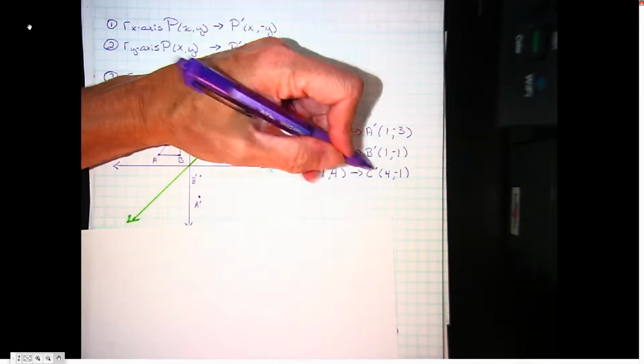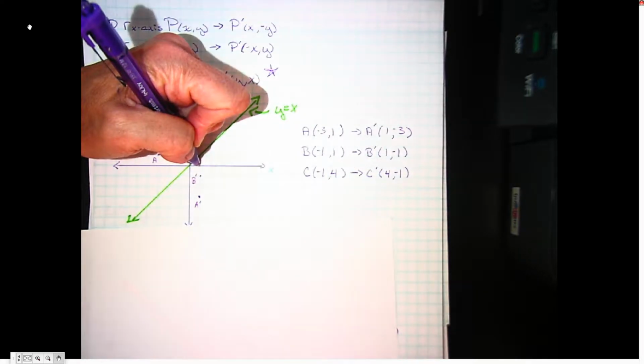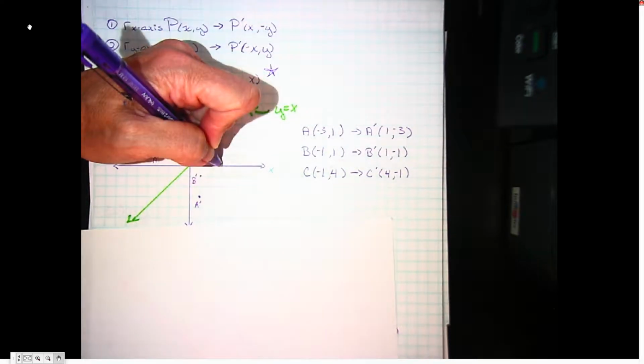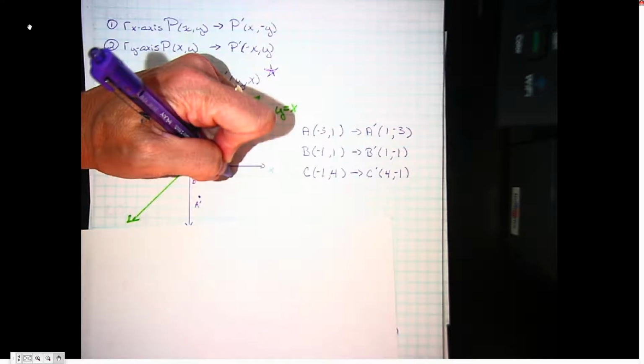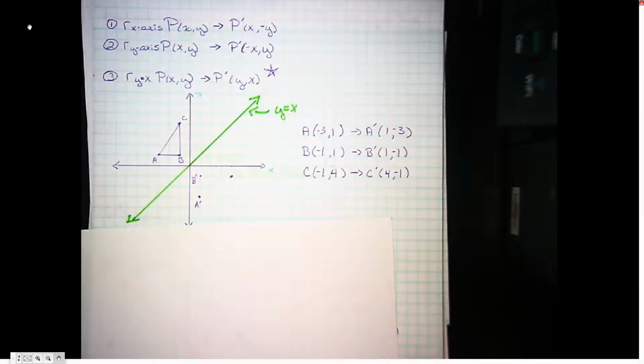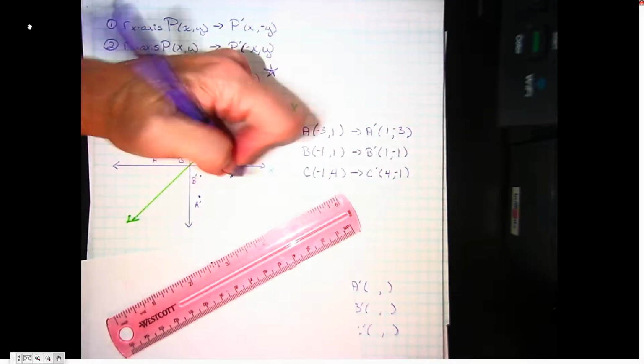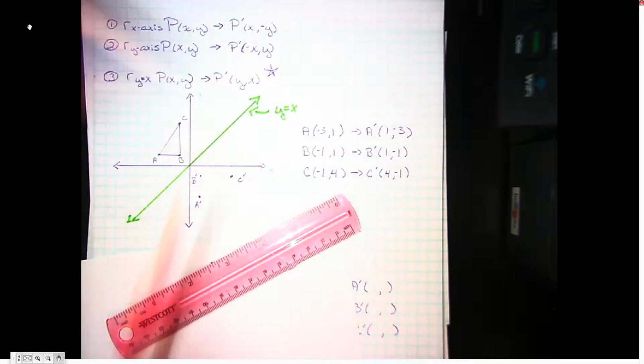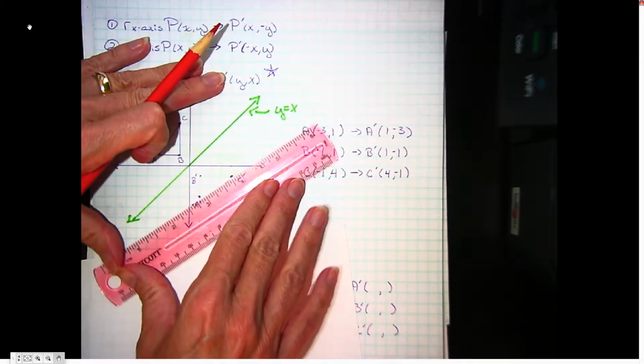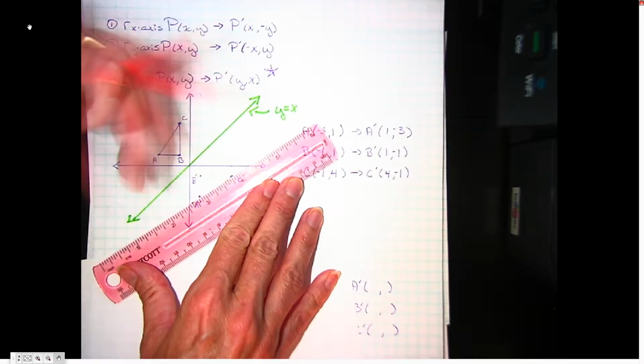And C prime is going to be at 4, -1, so 1, 2, 3, 4, -1. Okay, so let's draw that triangle. Let me find my ruler. Let me write C prime. And I'll do it in red, just makes it a little colorful.